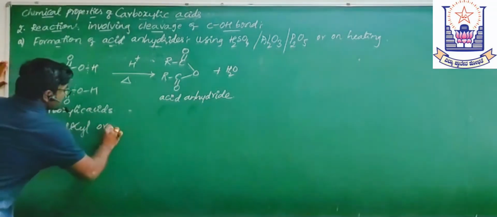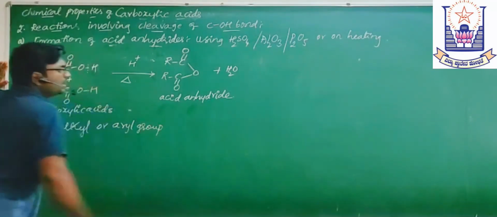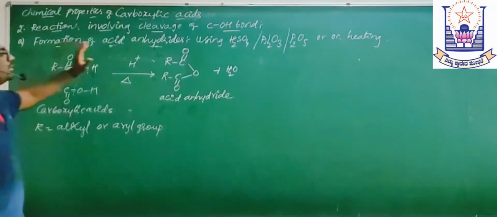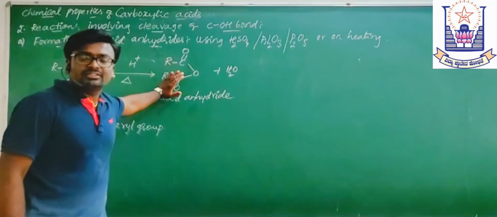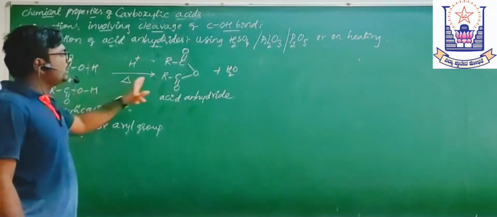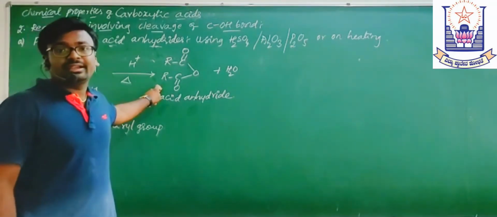If the alkyl group is CH3, acetic acid will be present, and the corresponding anhydride is called acetic anhydride. We can convert acetic acid to acetic anhydride, and benzoic acid to benzoic anhydride.